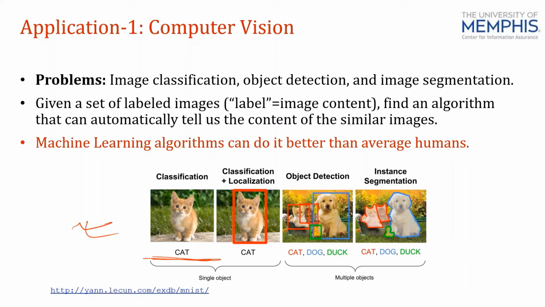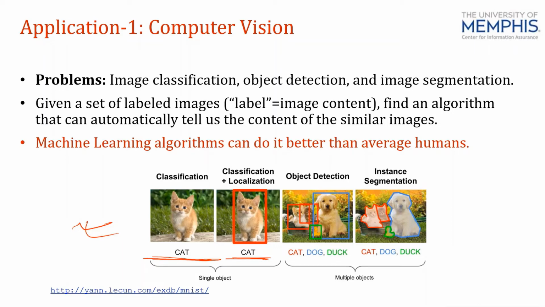The next one is image classification plus localization. That means which part of this image has a cat. So the classification plus localization module answers with a red box. That means the cat is within the red box.